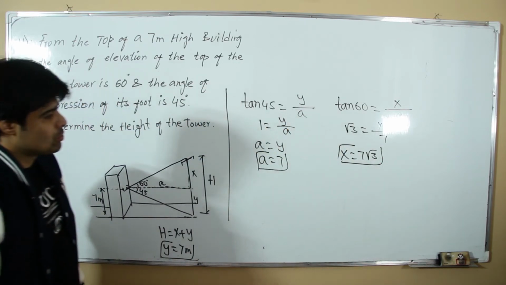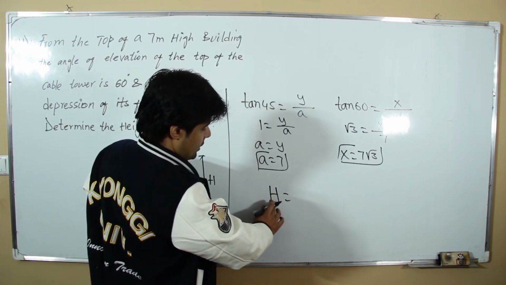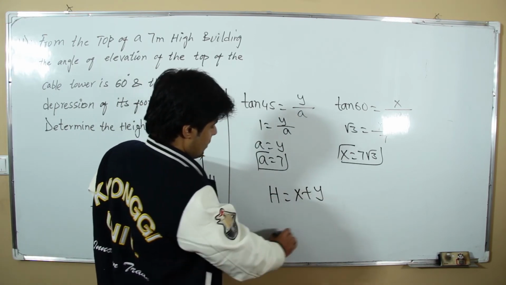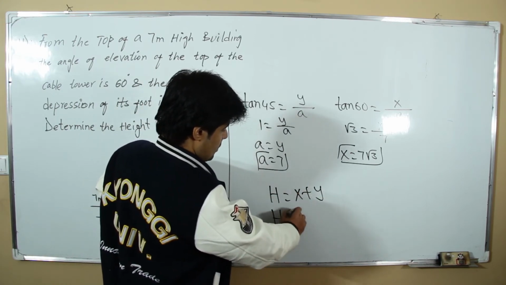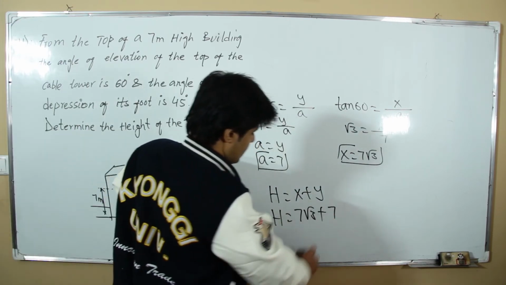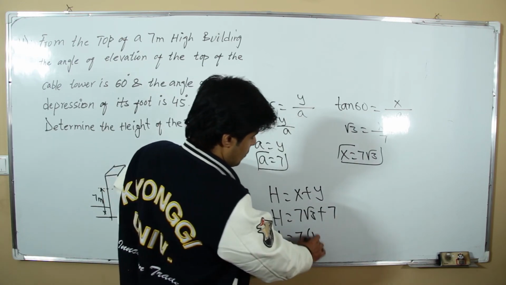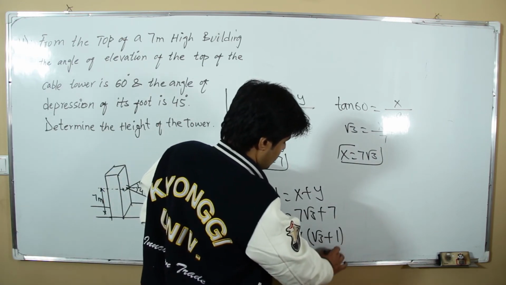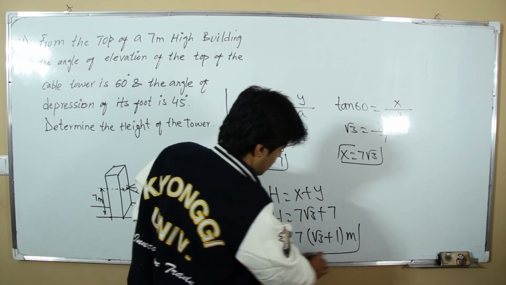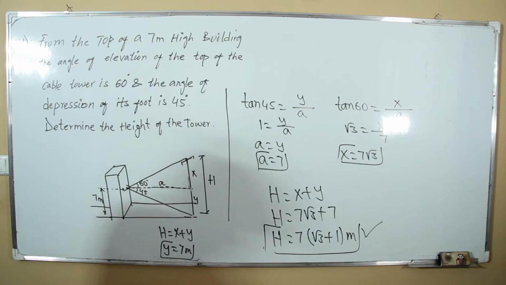Now we don't want x, but we want h. H is x plus y. So h is x, 7 root 3, plus y, 7. H is 7, you can take as a factor. You will have the remaining root 3 plus 1 meter. This is the height of the cable tower. Write it, please.